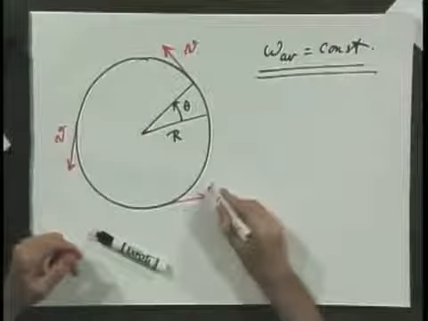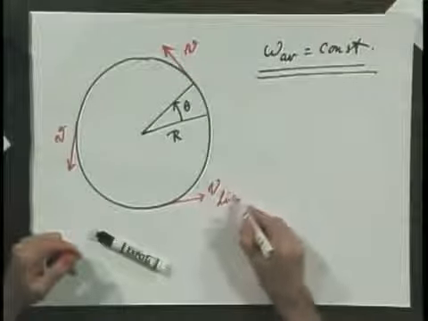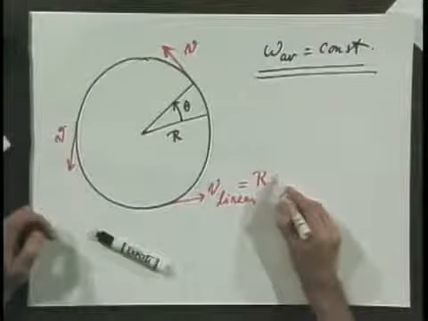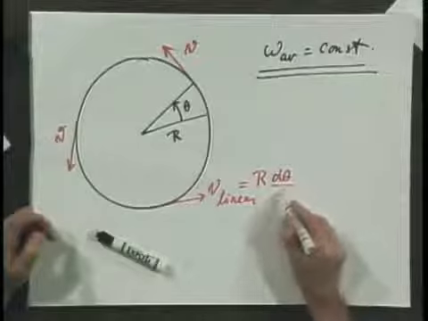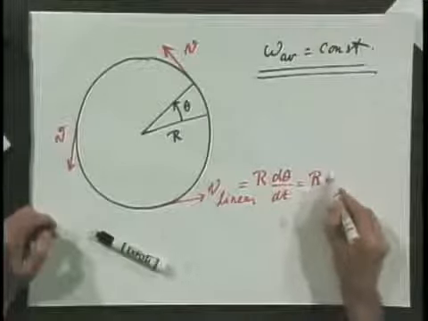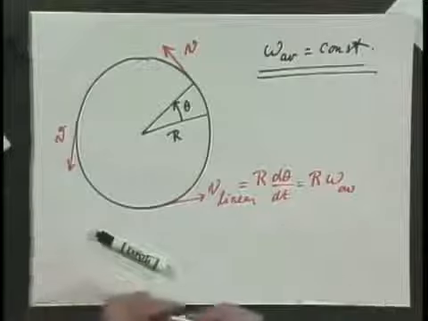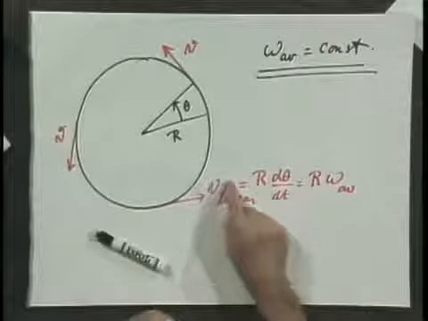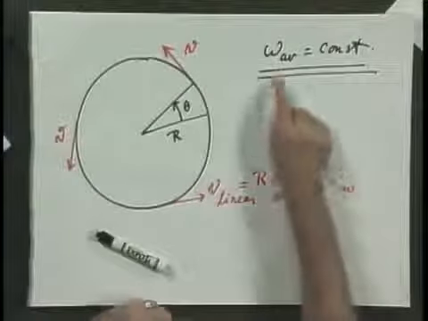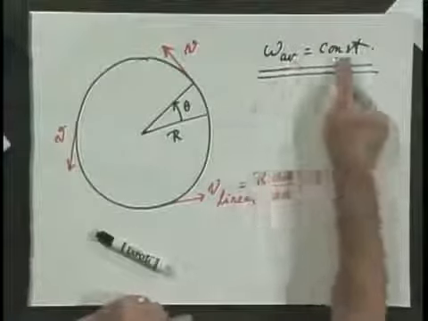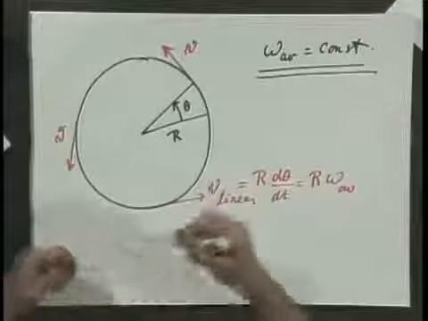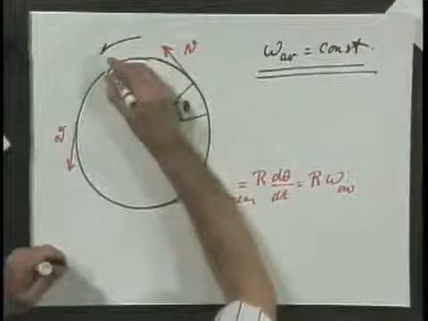And this linear velocity equals r times d theta dt, which is r times the angular velocity. And you can see that the magnitude is constant everywhere, because the angular velocity, d theta dt, is constant, because this object rotates around with a constant angular velocity.